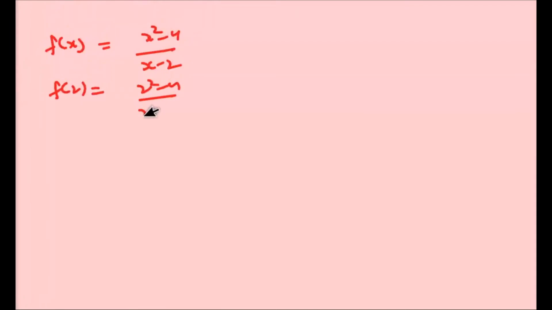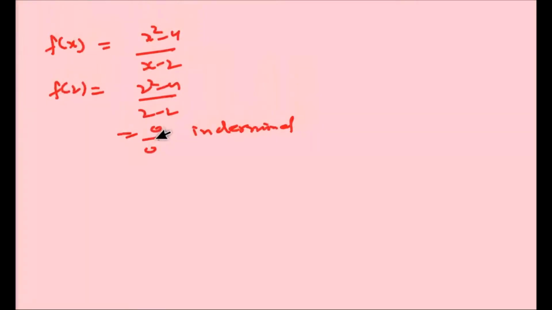Okay. But now student, here is a main example. Main example is that if you are finding the questions this way, as I have already explained in the first video, let f(x) equal to x square minus 4 upon x minus 2, and you want to find f(2), you can check here that it is 0 upon 0, which is indeterminate. It is undefined or an indeterminate form, you cannot find the value of 0 upon 0.